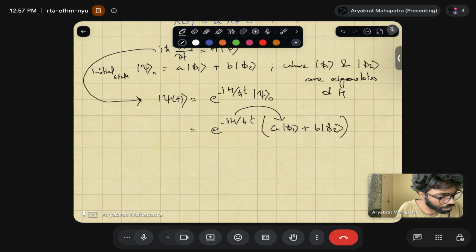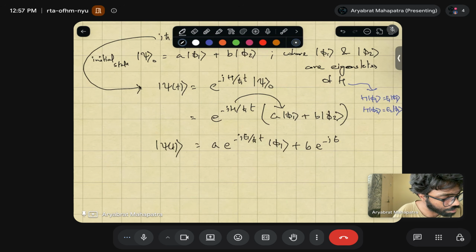So yeah, since these are eigenstates, I can write this even if I take some exponential operator. If this is true, then for an operator this is also true: if I take exponential of H acting on phi 1, it will also give me exponential of E1 times phi 1.